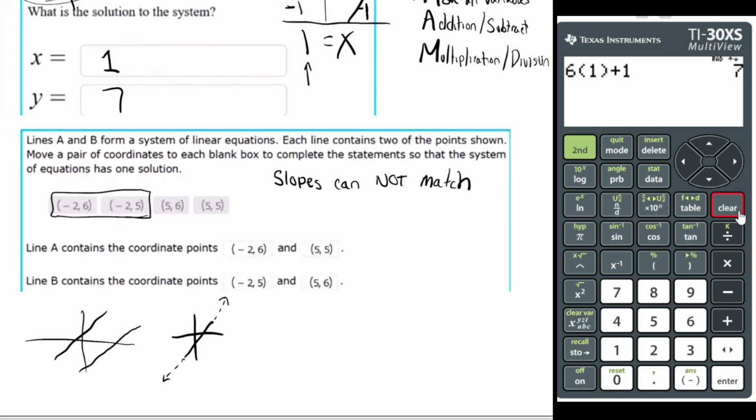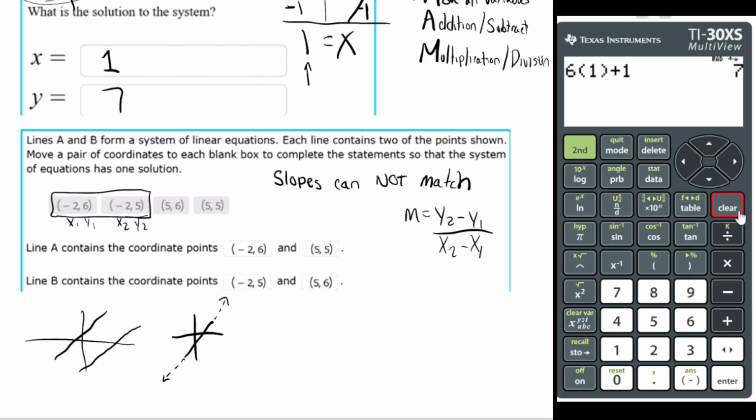So remember how we find slope. Slope is m equals y2 minus y1 over x2 minus x1. Your change in y over your change in x. So when we did this originally, we labeled these x1, y1, x2, y2. And we plug it in. 5 minus 6 over negative 2 minus negative 2.